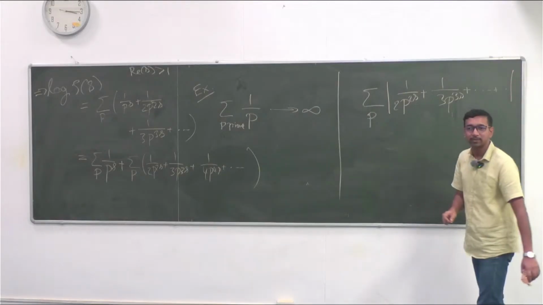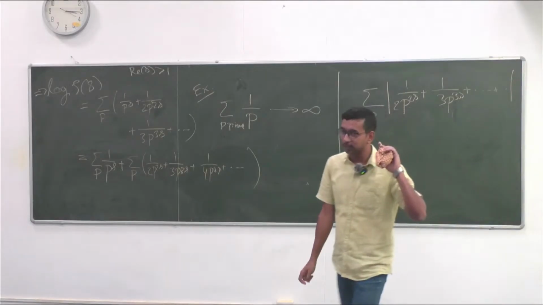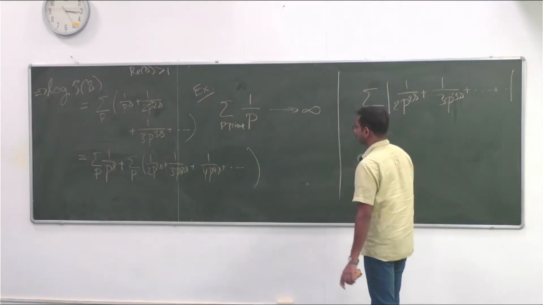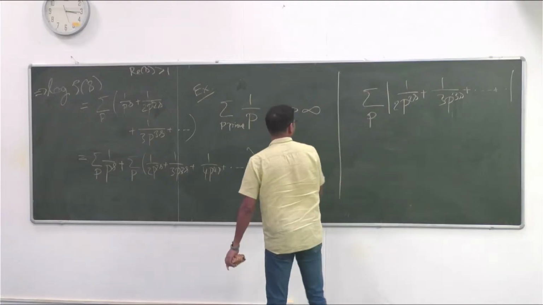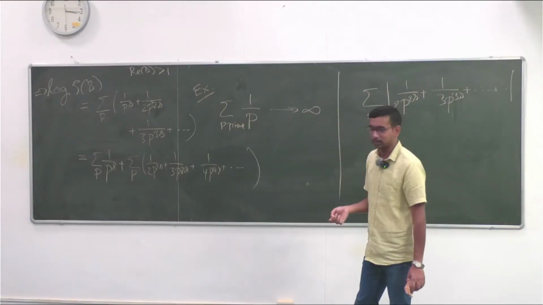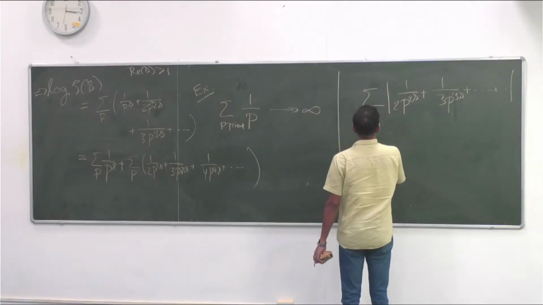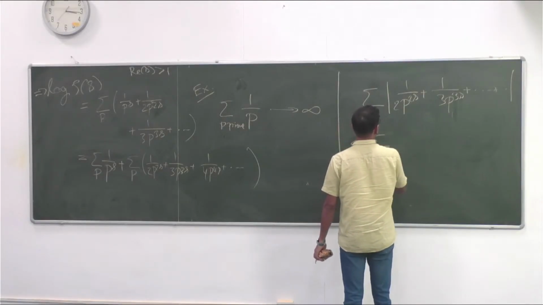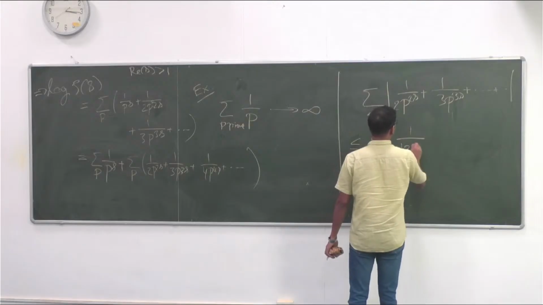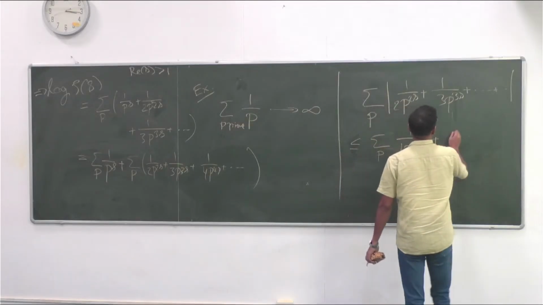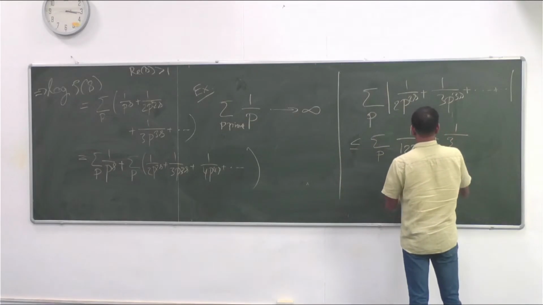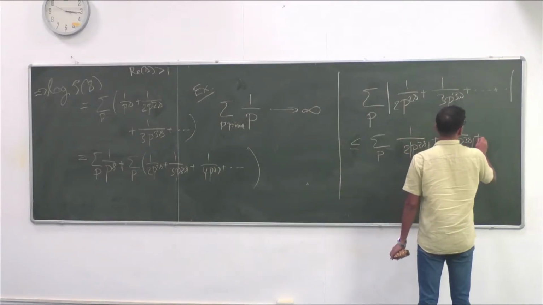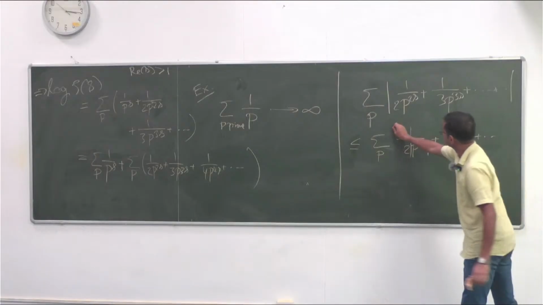Then the triangle inequality, because s is taken as a complex number. So this is less than or equal to summation over p of 1 by 2 p power 2s plus 1 by 3 p power 3s plus dot dot dot in absolute values.